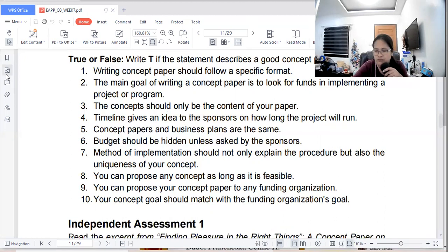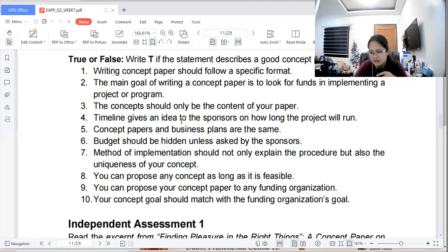Okay? Number 5, concept papers and business plans are the same. Okay? So it's false. They have difference. So business plans are way comprehensive. Number 6, budget should be hidden unless asked by the sponsors. False. Kasi nga, di ba sila yung magsusponsor?